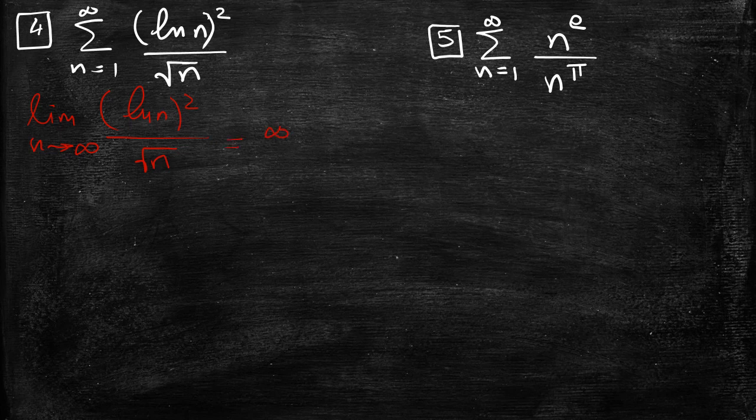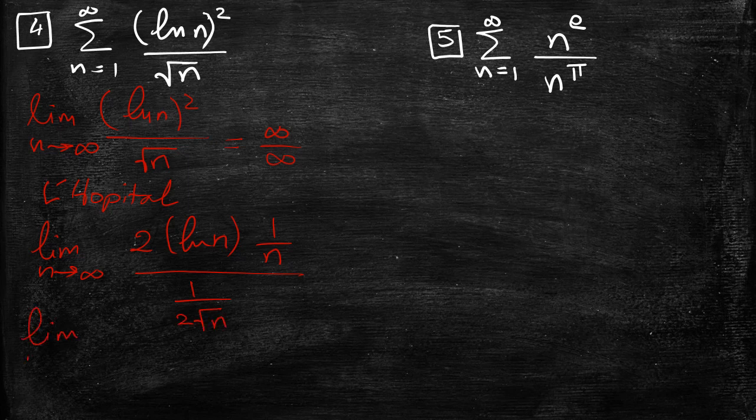This will give us infinity over infinity, so I can apply L'Hopital. So it will be limit when n approaches infinity, 2, and then multiplied by ln n power of 1, divided by n, and for the square root of n, the derivative is 1 over 2 square root of n.